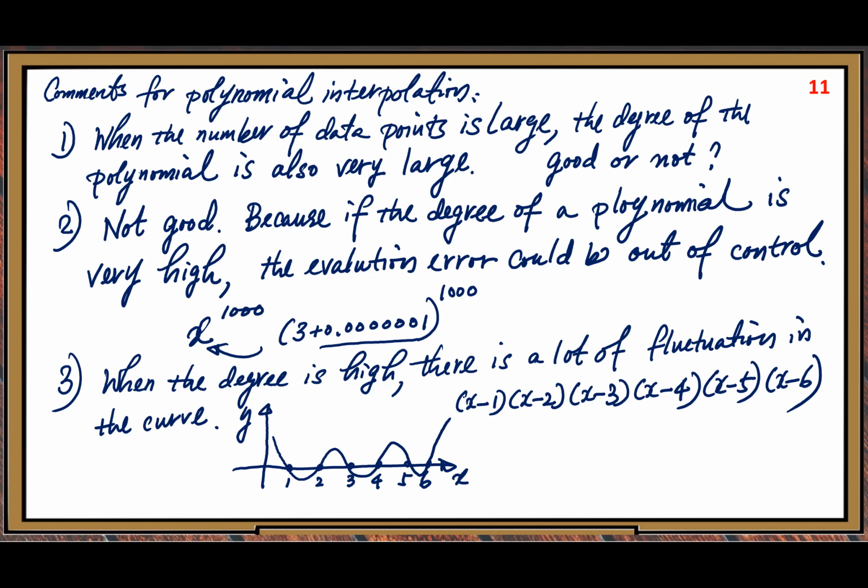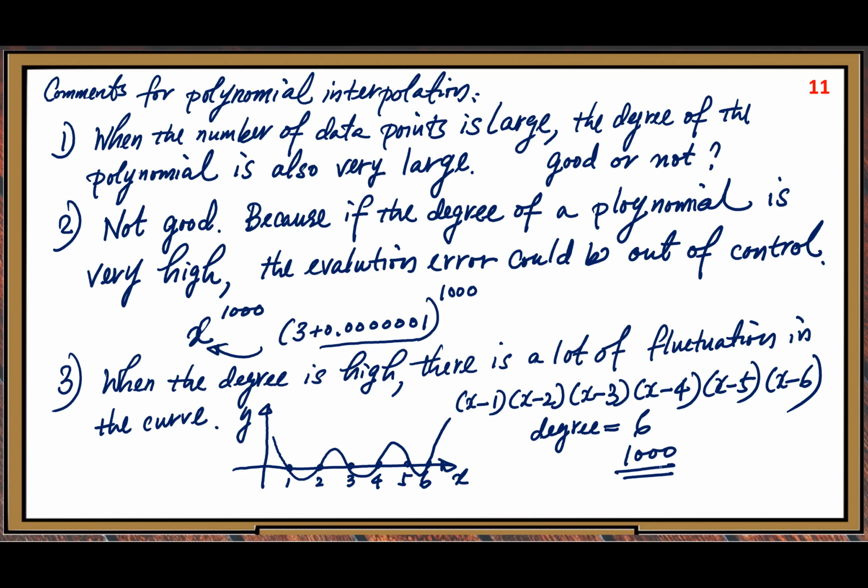But here, our degree in this example is only equal to 6, right? You can see it goes up and down, changing directions a certain number of times. Think about if the degree is 1,000, you need to change up and down 1,000 times.